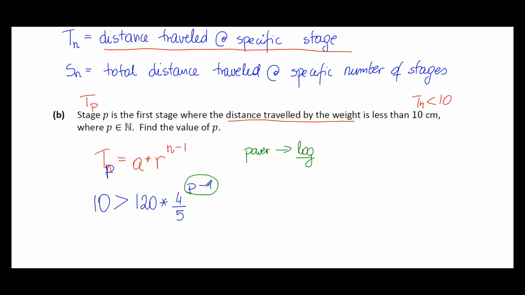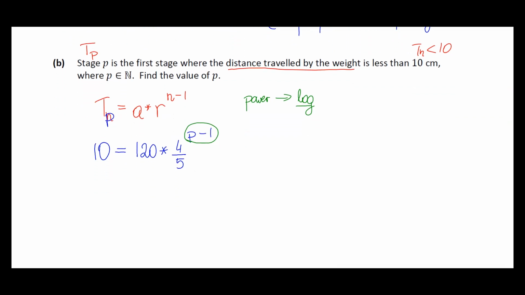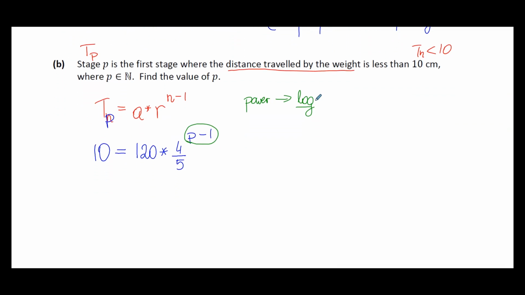When you are looking for power, it is easier to deal with an equation that has an equal sign, because there is quite a number of rules that involve inequality and log. So let's stick with equal signs so that we don't have to remember those rules.